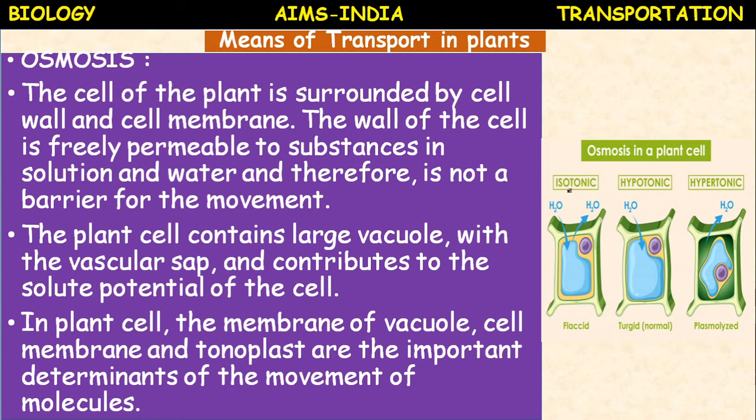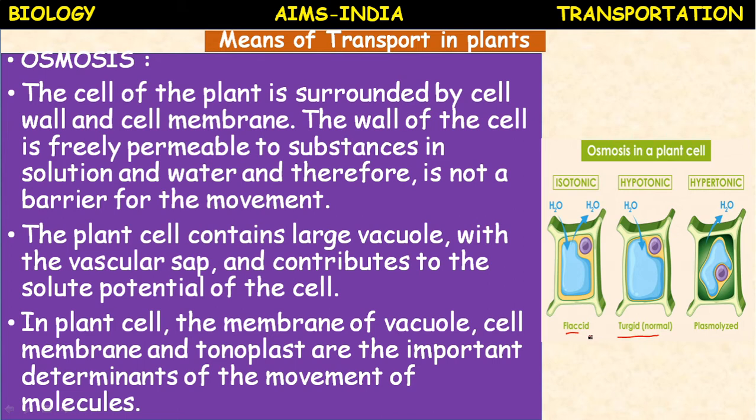So the first condition is isotonic. In the isotonic condition, the concentration in the internal vacuolar sap and outside the cell is the same. This condition is called the flaccid condition. The turgid condition is the normal condition.